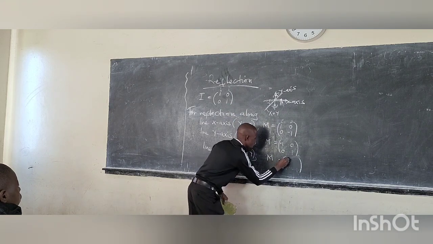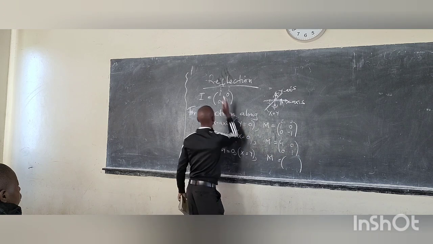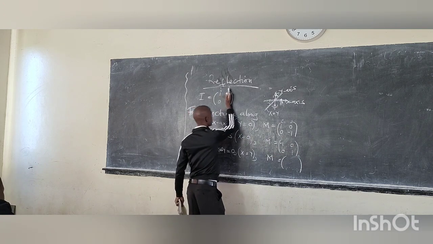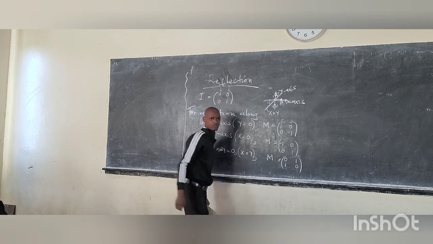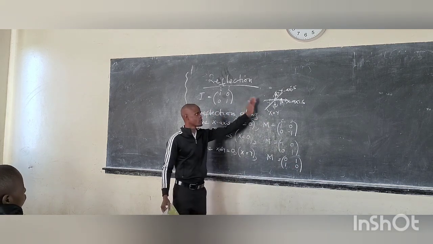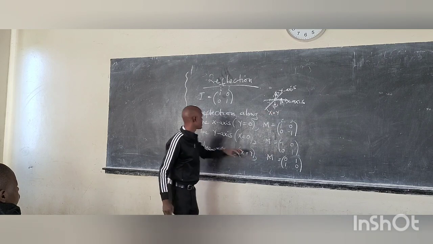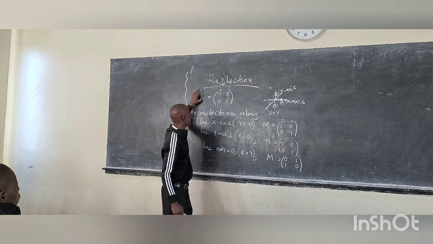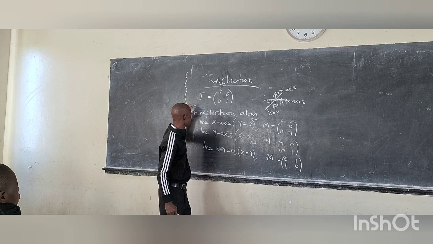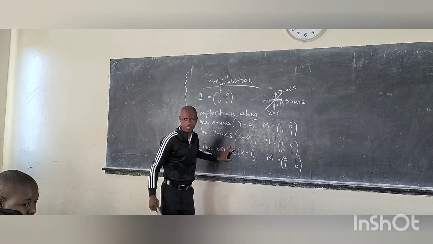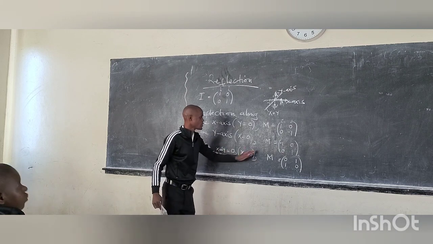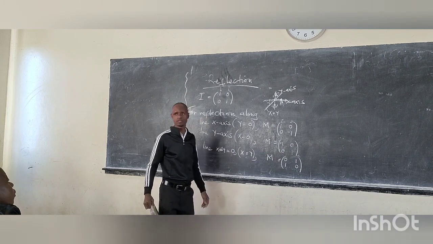Finally, this is going to come here and this is going to come here: 0, 1, 1, 0. If you want to draw the diagram, you can always draw it in your side work. Then you come and say, solution: for reflection along the line given in the question, M equals this, 2 marks.